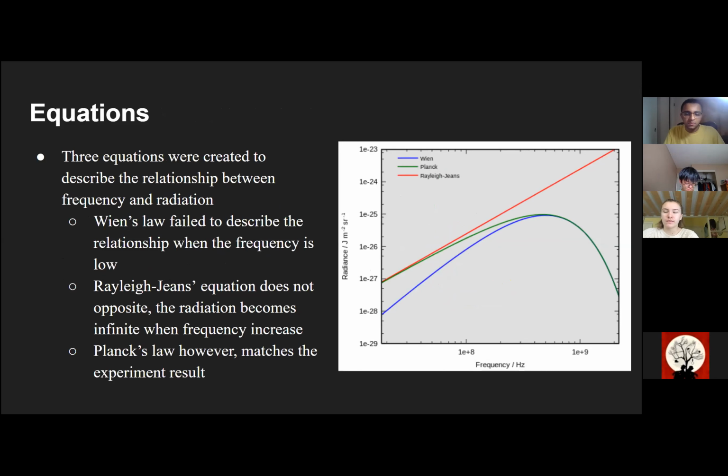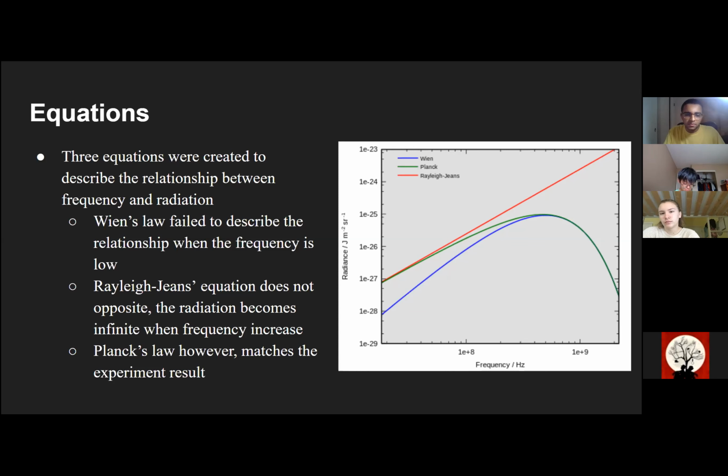He does not use the idea that an electromagnetic wave is a wave, but he finds out that when the frequency is low, it becomes inaccurate. On the right graph, the green graph is the accurate description, and the blue is Wien's equation.